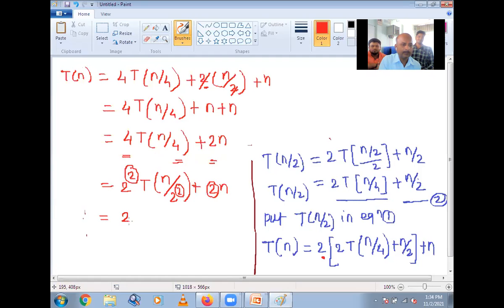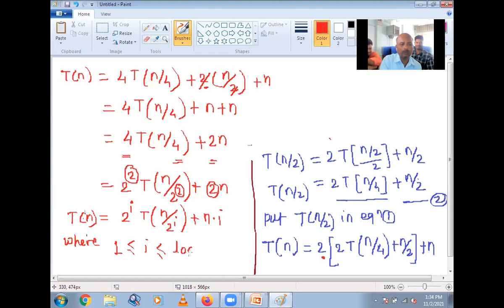So 2 raised to i into T of n by 2 raised to i plus n into i, where 1 is less than or equal to i is less than or equal to log of n to the base 2.